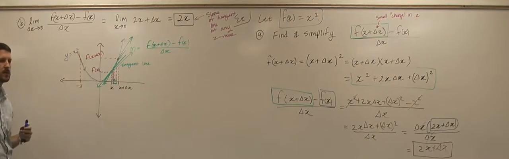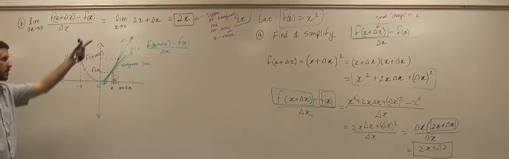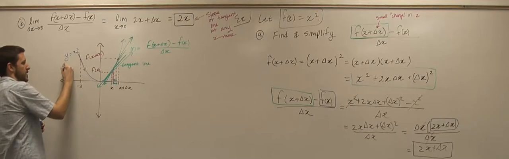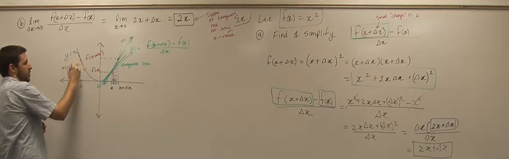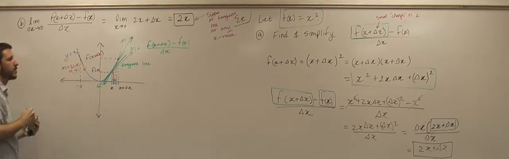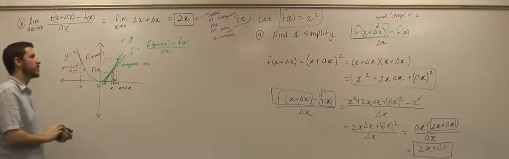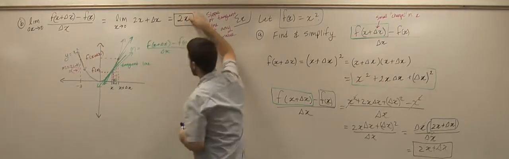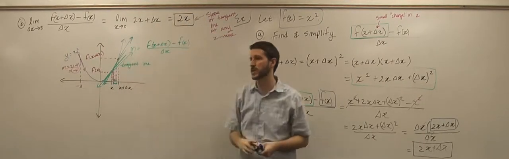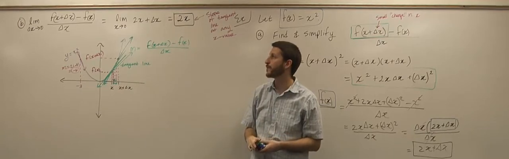What would that slope be? -6. You just plug it in. This slope has to be 2 times -3. So if you plug in a value for this x, that will give you the specific slope of the tangent line at that x.